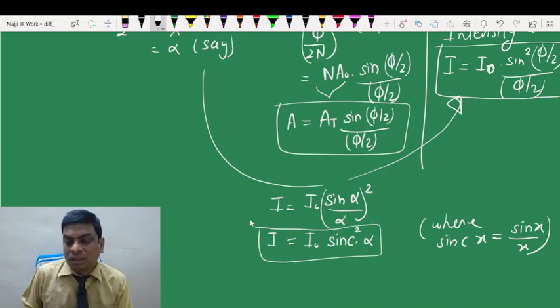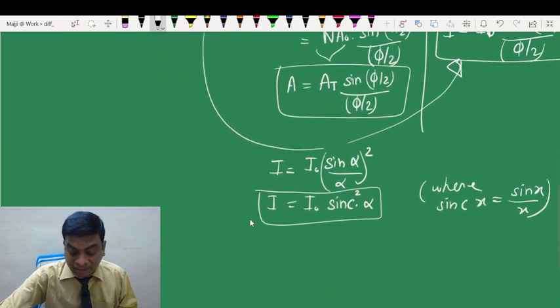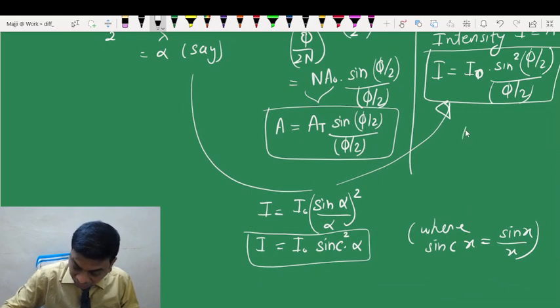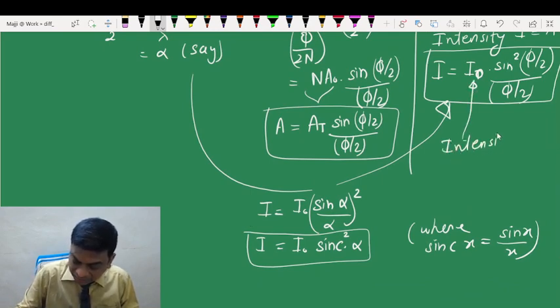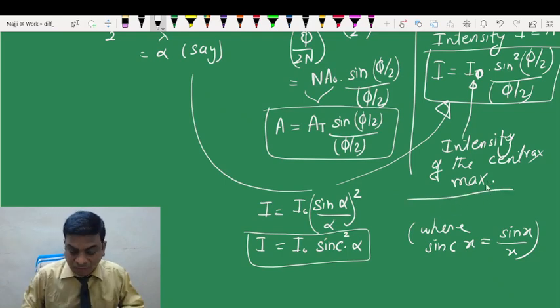This is the formula for the intensity. I naught is the intensity of the central maximum. Got it? Primary maximum you can call it.